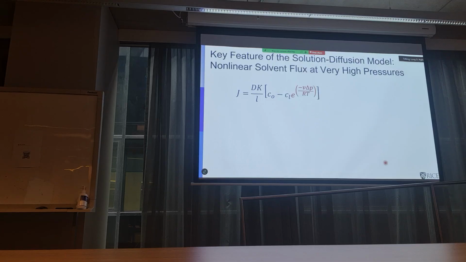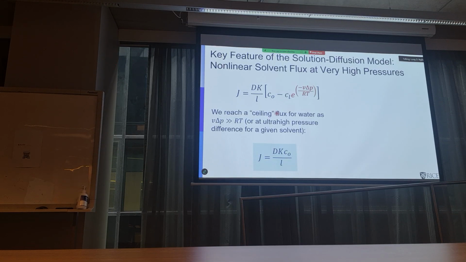Now, a very important part of this equation is the exponential dependence of the concentration at the exit of the membrane on the pressure. This means that if you look at this equation mathematically, at very, very high pressure, when this term is very large, this will drop to zero and you get an asymptotic flux, a constant flux.